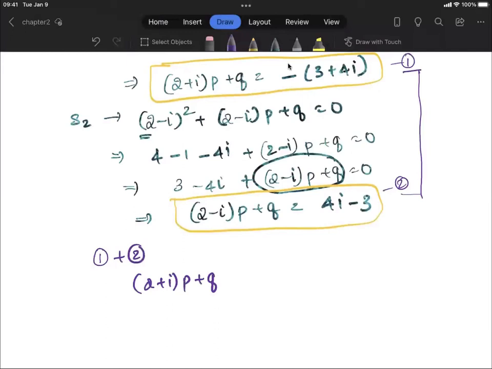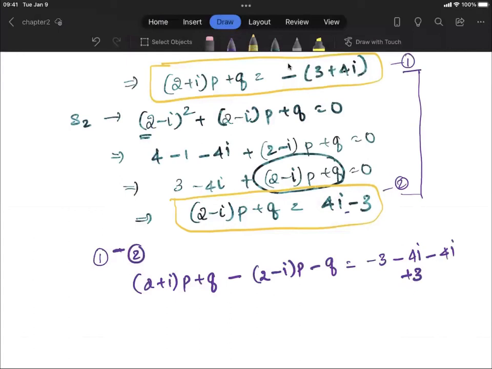I'm sorry, let's subtract these equations, not add. I'm subtracting 1 minus 2, so we have this minus q will be, here it's negative 3 minus 4i, minus 4i, minus of minus is going to be plus 3.